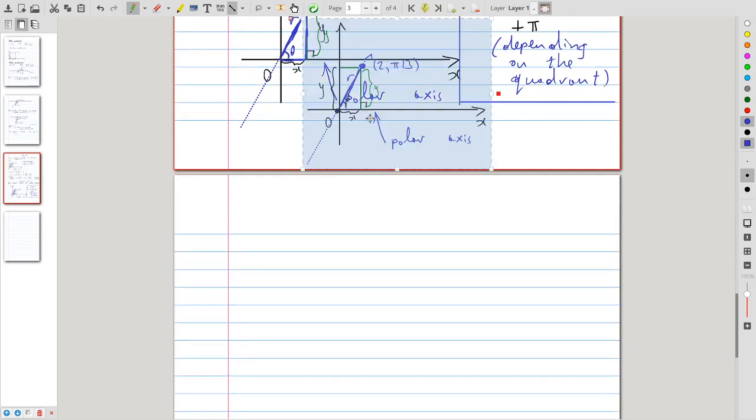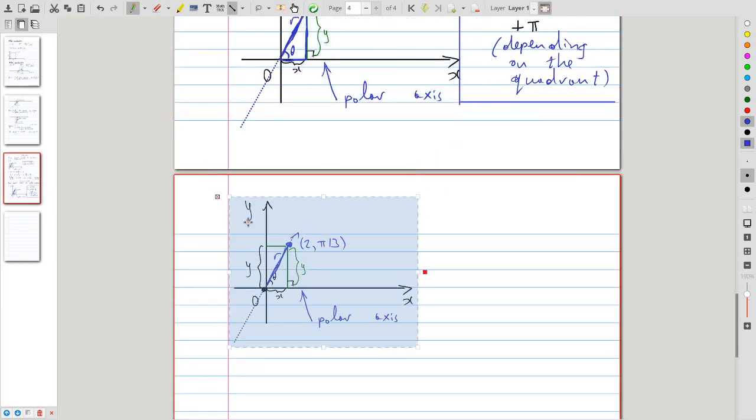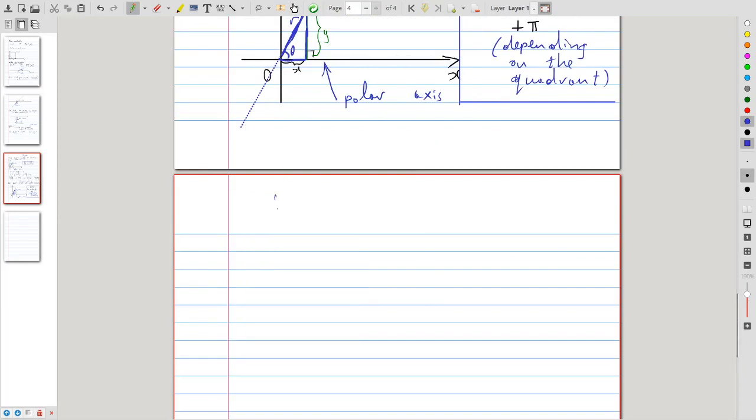It's easier if I just draw a new picture. So I have the coordinate system right here, and I have the point minus 1, 1.